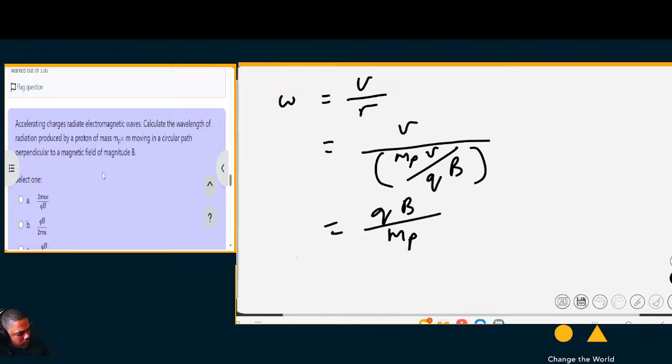Now we know that the normal frequency is related to the angular frequency: the angular frequency divided by 2 pi.